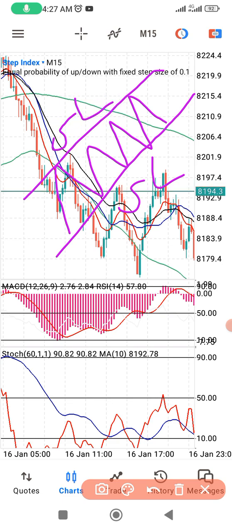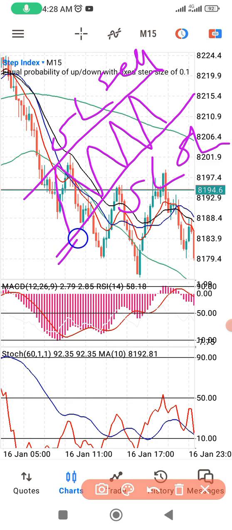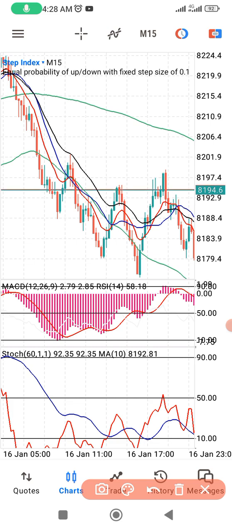Because there are stop losses. If you are to sell from here, you have your stop loss up here, and if you are to buy, you have your stop loss, like for those that trade trend lines. So all this zone where you put your stop losses are areas of possible liquidity.